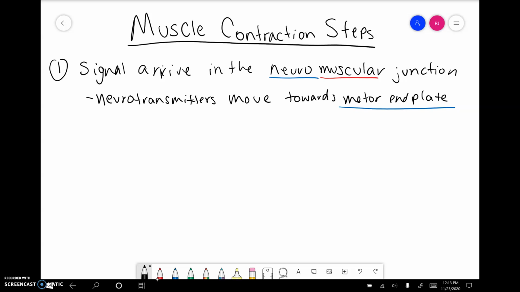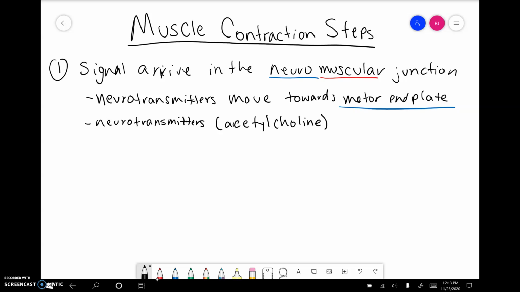Then once those neurotransmitters move to that motor end plate, the neurotransmitter, which is going to be called acetylcholine, let me just spell that right. Acetylcholine. That's going to be our neurotransmitter here.